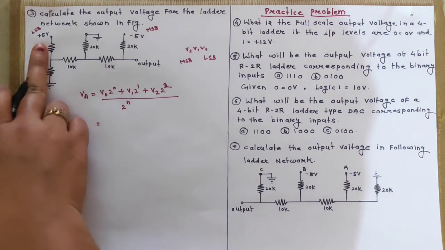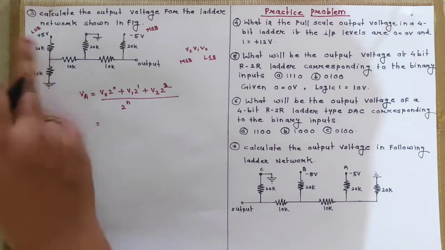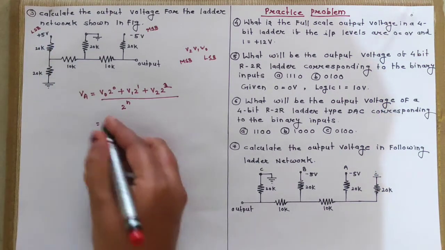तो देखिए, the voltage applied to the LSB is +5 volt. So in this case the value of V0 is +5 volt.